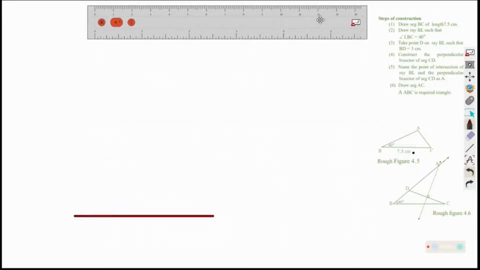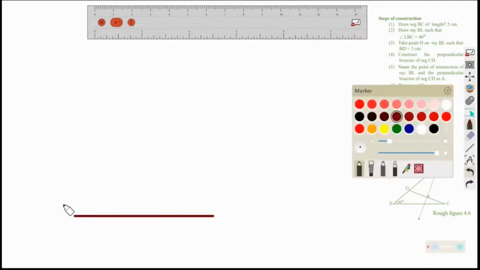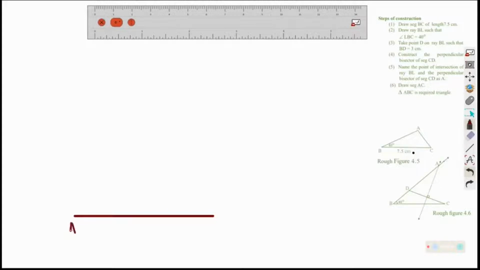Okay, it is 7.5 centimeter, and I have to write the name of the side as it is given. It is not AB actually, it is BC. I have to change it. In the rough diagram, we have made it as BC. BC is the base here, which is 7.5 centimeter.